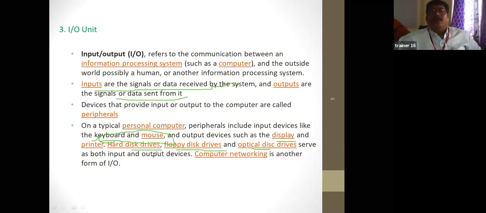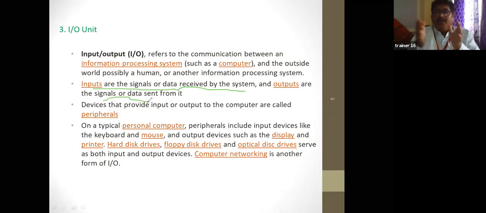This one you know very well, input and output, right? The computer receives the input signals and data. If you give the input through a keyboard or mouse, these are the input peripherals, then it will receive it. For example, scanning. And the outputs are the signals or data sent from it. Between the input and output, the CPU is there, so there are interfaces between the CPU and input and output.